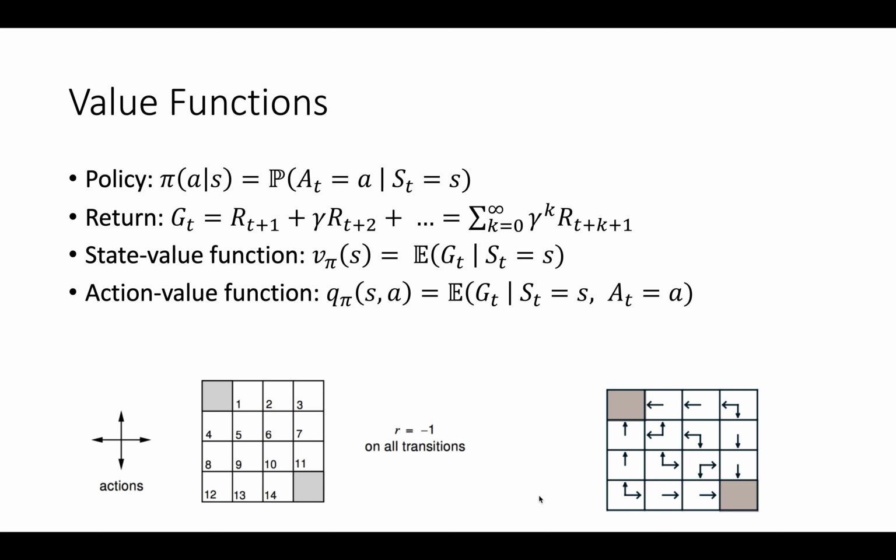So there are two value functions we're going to consider. The first one is a state value function. Under some policy pi, what's the expected return we get if we start in state S?